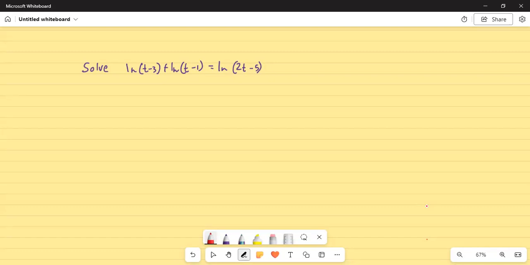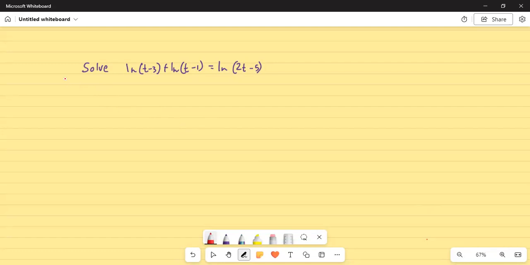Solve, of course, for t. ln, natural logarithm of t minus 3 plus ln, natural logarithm of t minus 1 equal to natural logarithm of 2t minus 5. So the first thing we will do is apply the multiplication rule of logarithm.